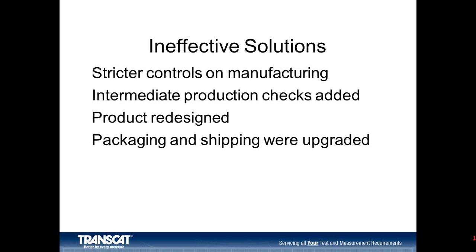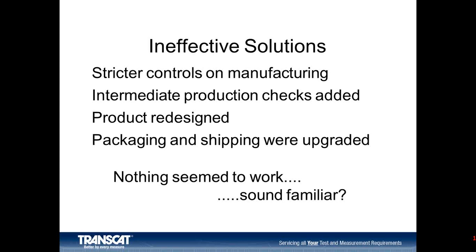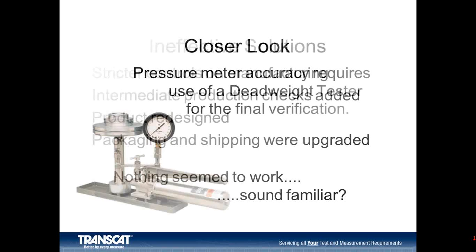These included stricter controls on the manufacturing process, introducing intermediate checks along the way. It even included product redesign and changes to the packaging and shipping, but none of this was effective. Perhaps that seems familiar to some of you if you work in a manufacturing environment.